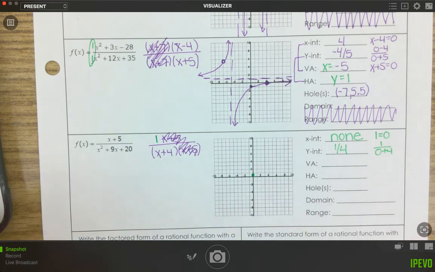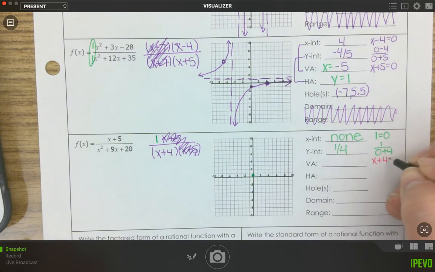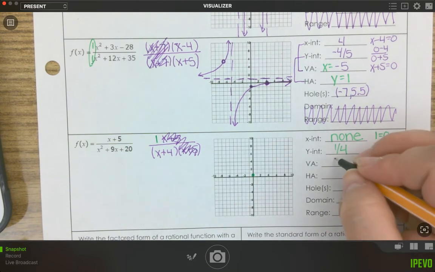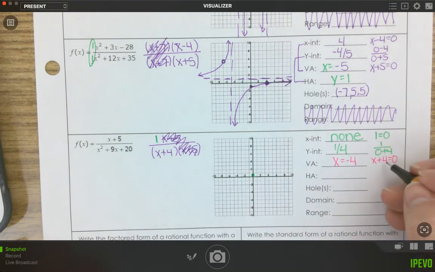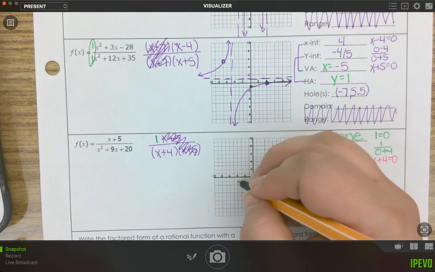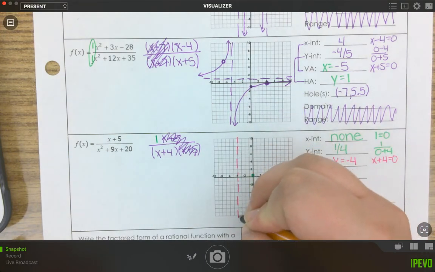Okay? Then, vertical asymptotes, where you set the bottom part equal to 0. That's going to be at -4, because you just subtract the 4 to the other side. Just remember that that's not a point, it is the dashed line.